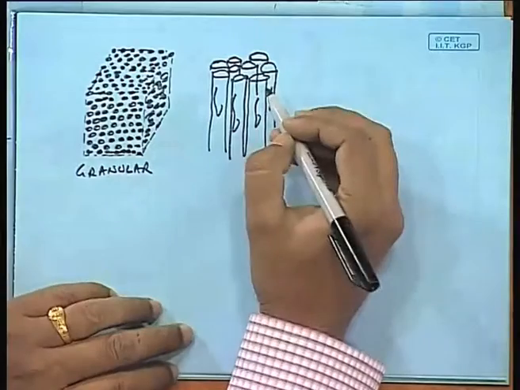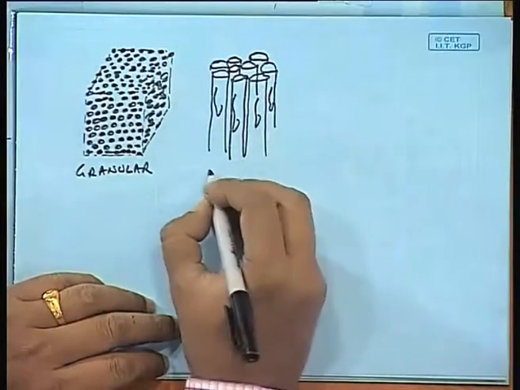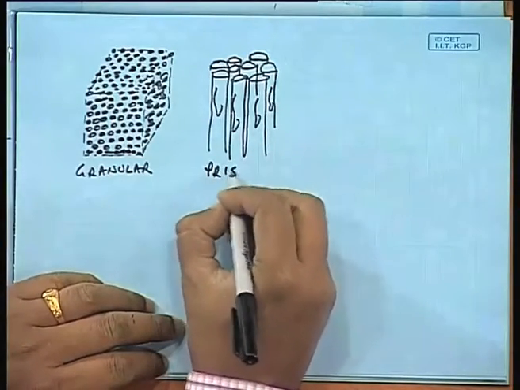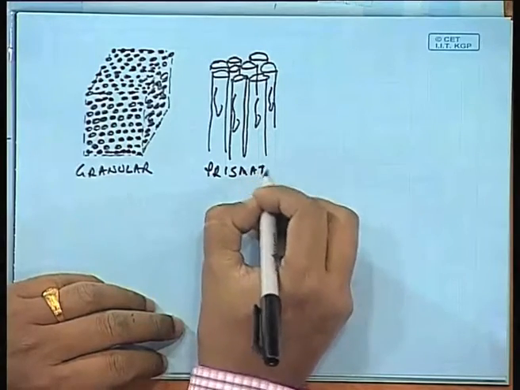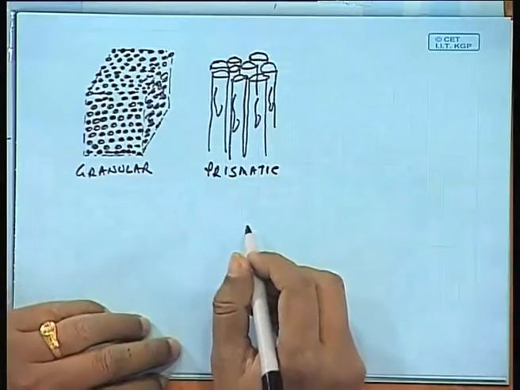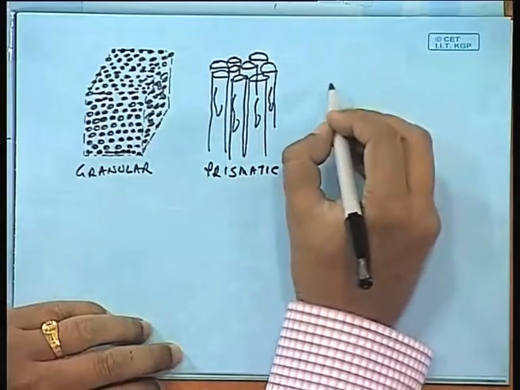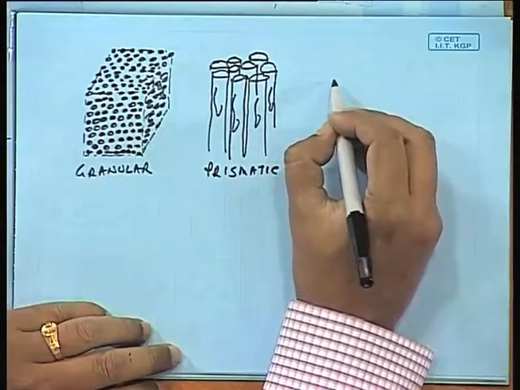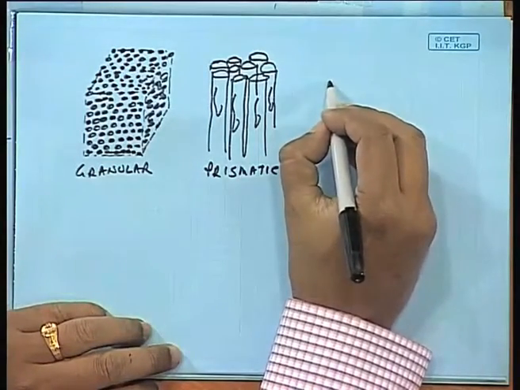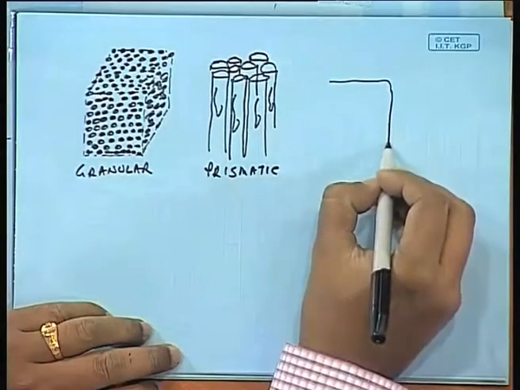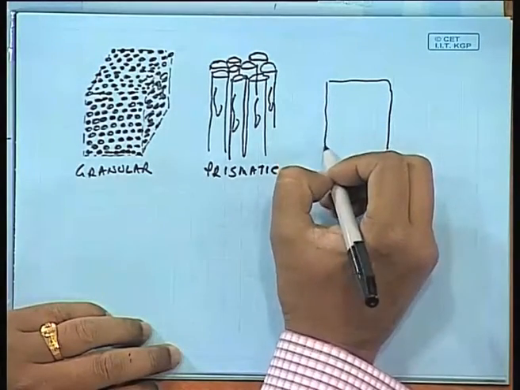So you can see this is a prismatic structure.